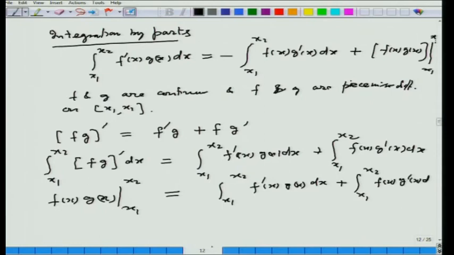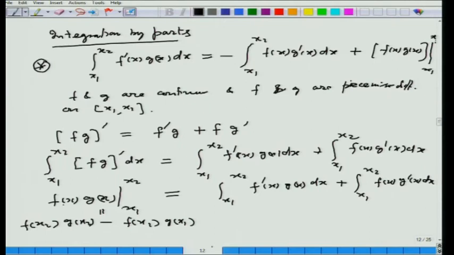So you can see that on the left side of this star, here we have the integral x1 to x2 of f prime x g x, and this is equal to the values of f x g x at endpoints x1 and x2. That means this is actually f of x2 g of x2 minus f of x1 g of x1. That is what this side is equal to.